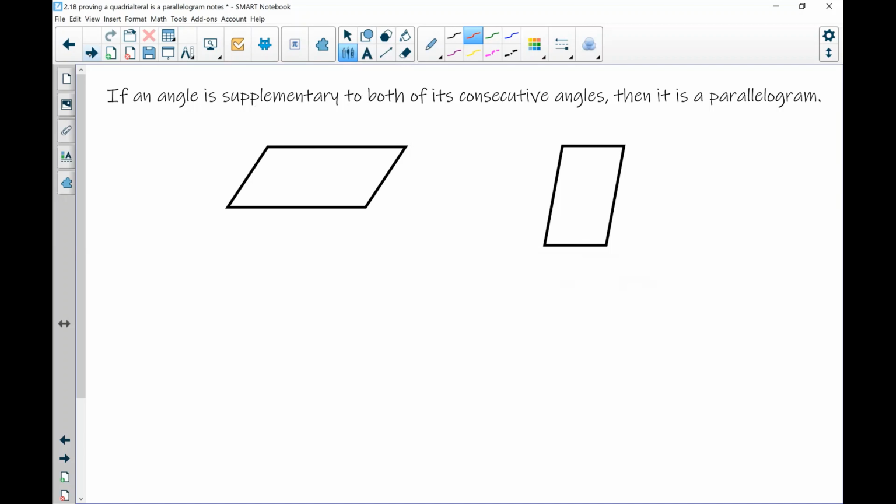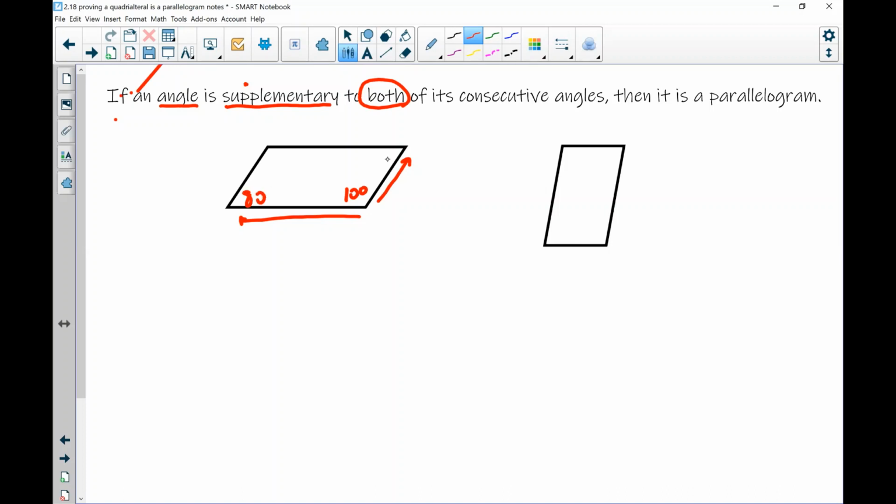Next, it says if an angle is supplementary to both of its consecutive angles, then it is a parallelogram. Let's say this angle is 100. If I go this way and add the angle up here to the 100, I should get 180. Then I also have to check the angle going the other way, and add those two angles, and they should equal 180. If that's true for both of them, then yes, we've got a parallelogram.